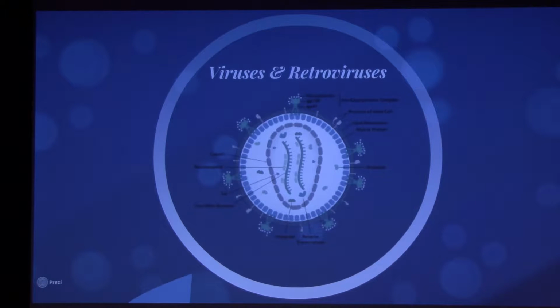So to understand how HIV latency works, you first need to know how viruses and how HIV works in general. This is a diagram of an HIV virion. All viruses are going to have some sort of genome stored as DNA or as RNA, and that will be inside a shell of proteins called a capsid.